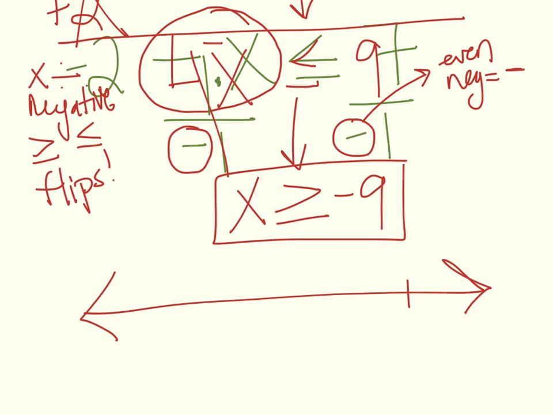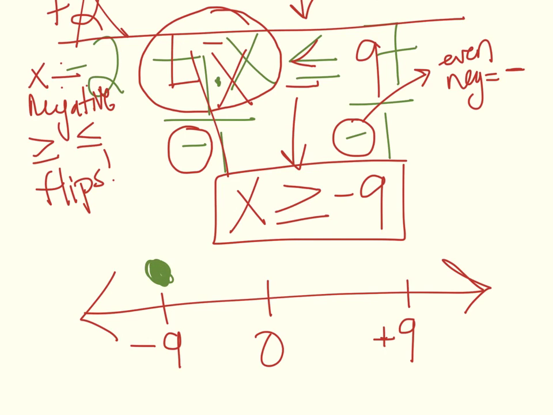Now if I graph this, I'm going to plot, oh look, I was already making a mistake here. So this is positive 9, this is 0, and this is negative 9. Is my solution going to be open or closed? Remember, if you have an equal sign on the bottom, it's a closed solution. So it's a closed circle.